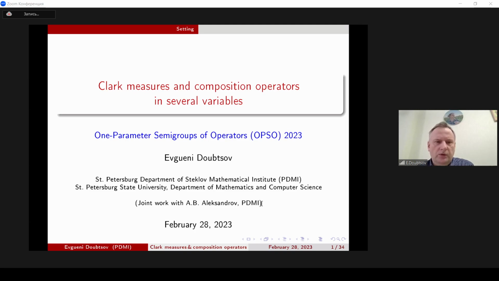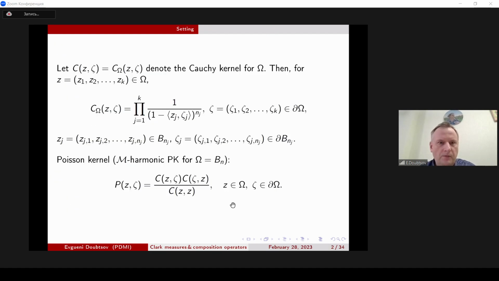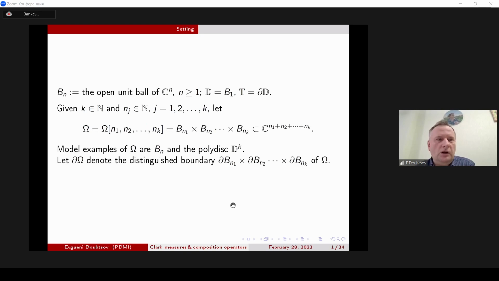And I start with basic definitions. So Bn is the open unit ball of Cn, so n is allowed to be equal to 1. But in this case, usually I'll use a different notation.